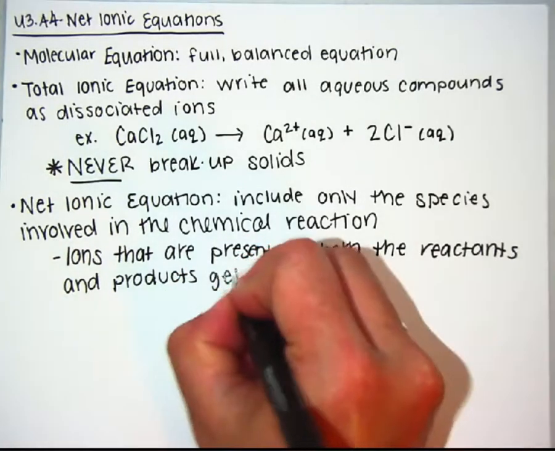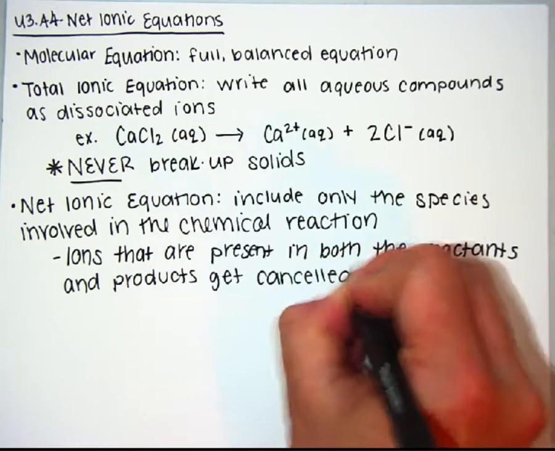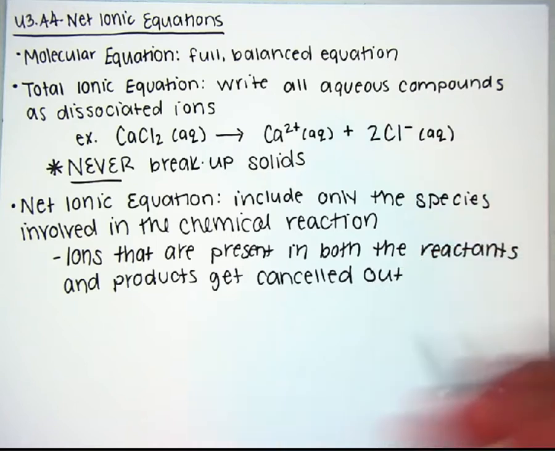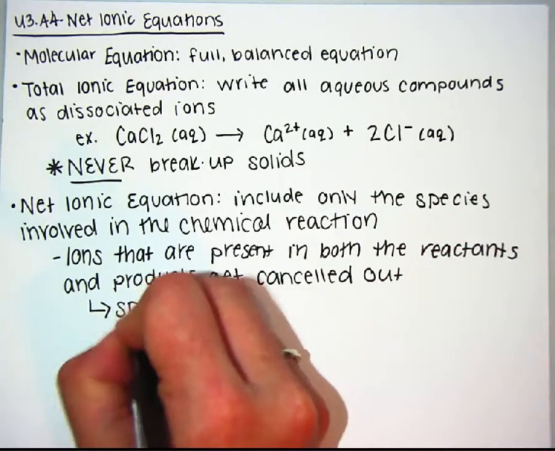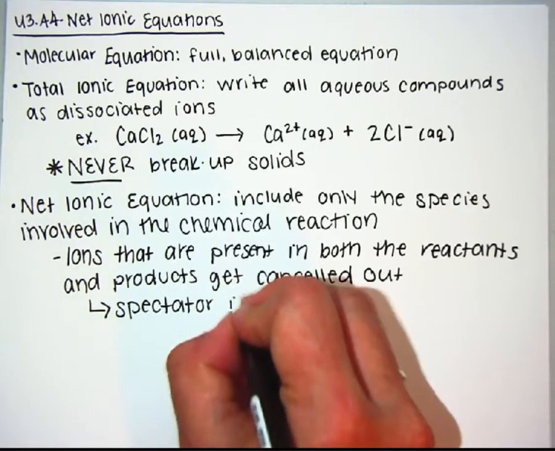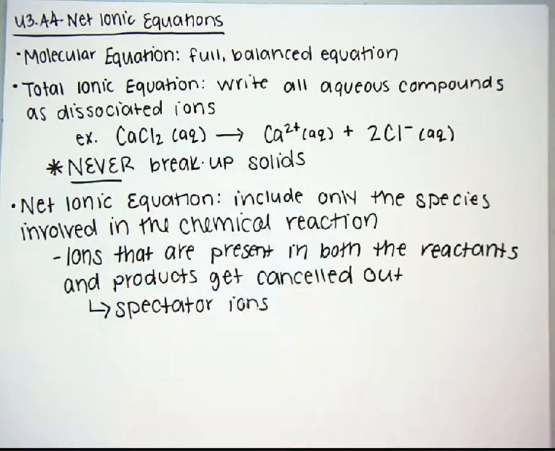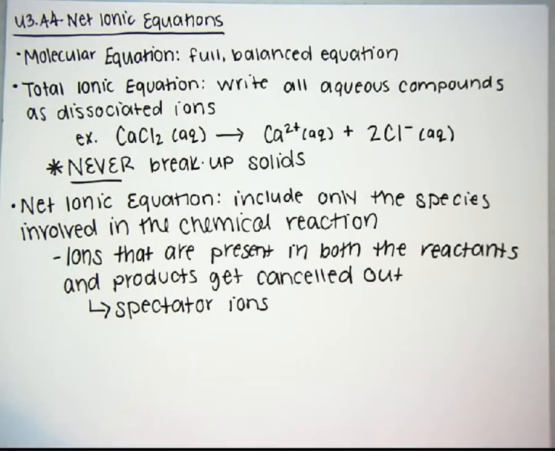They're going to get canceled out. And we call these spectator ions. And I'll show you what I mean by that. It's only the individual ions that you can cancel out. If they're part of an ionic compound, you could not cancel them out.